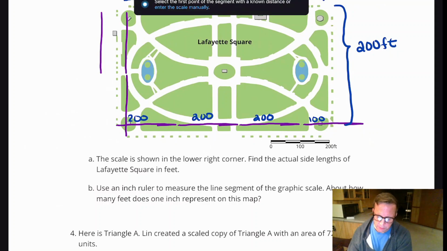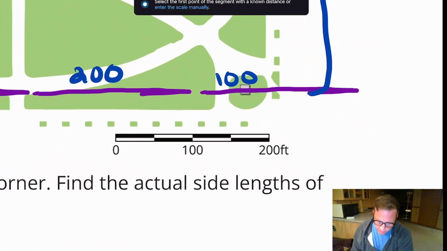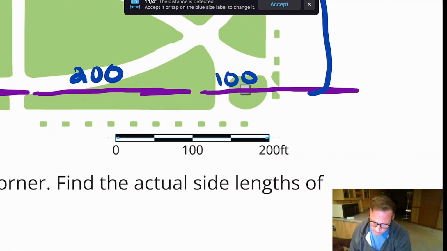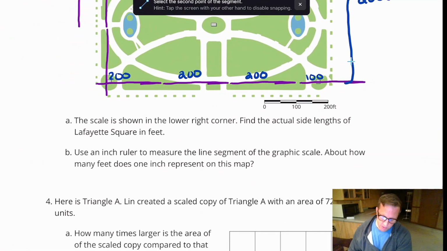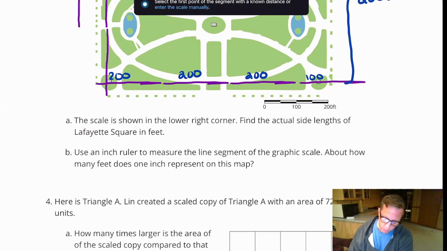But you guys should be doing your own measuring. I'm going to measure the scale, so I can put a mark here and a mark there, and it measures it nicely for me. And so it gives me 1 1/4 inches right there. So when I measured that, I got 1 1/4 inches.